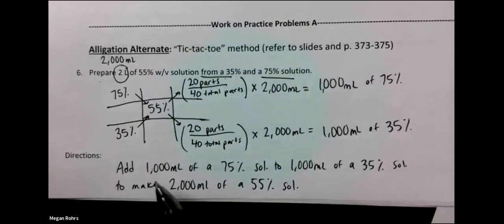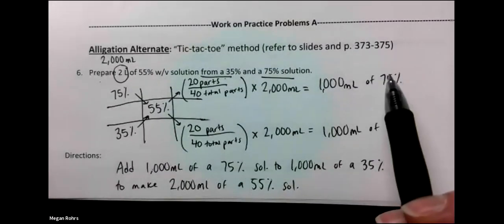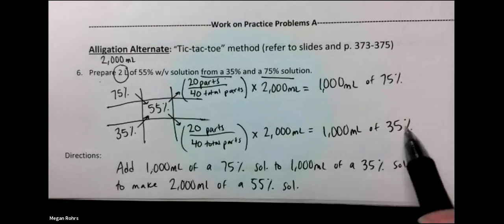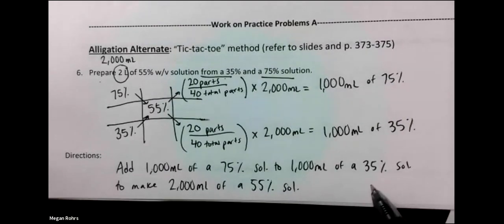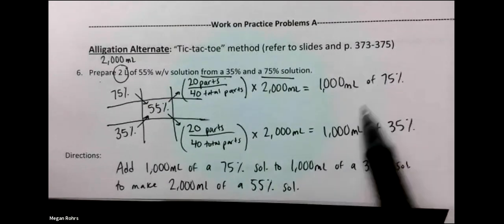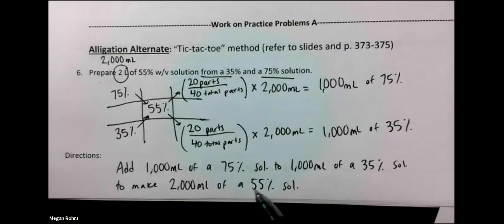So that would be my directions. Add 1,000 mils of a higher 75% concentration to 1,000 mils of a lower 35% concentration to make a total of 2,000 mils of a concentration that is in the middle here of a 55% solution.